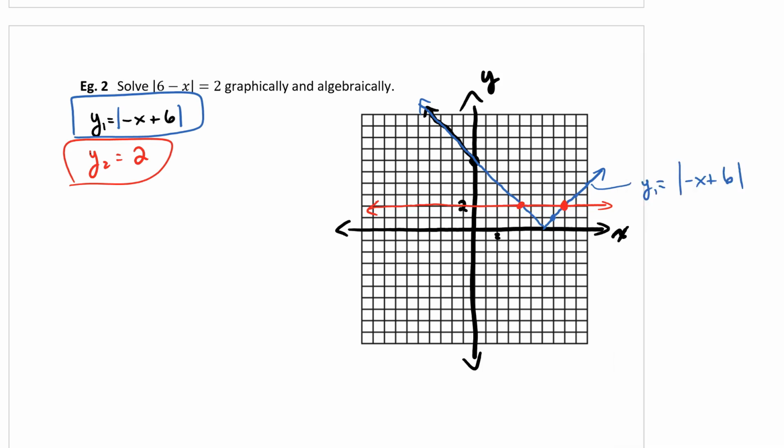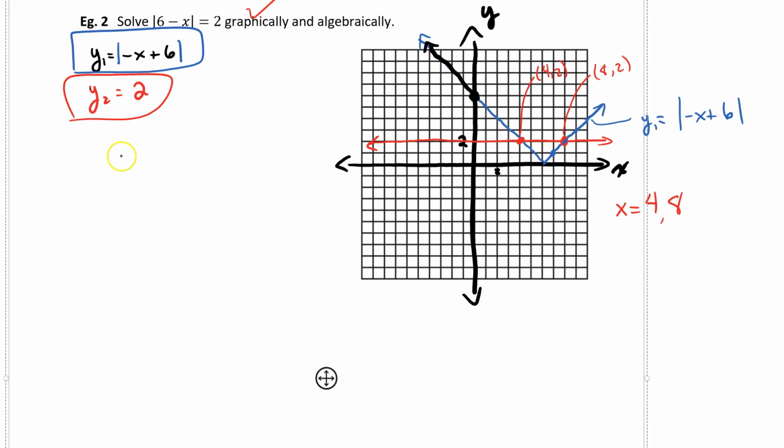So we know that x equals 4 and x equals 8, because the x values of these two intersection points, which by the way are (4, 2) and (8, 2), are 4 and 8. So graphically done.